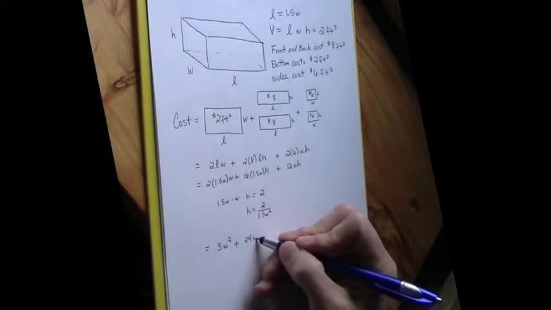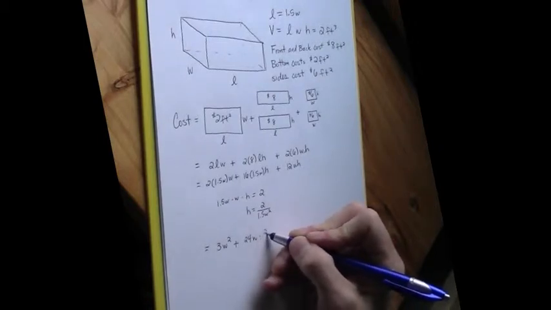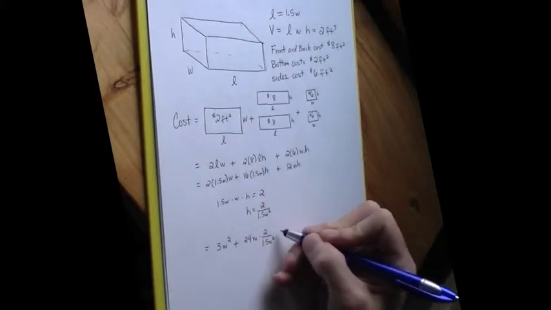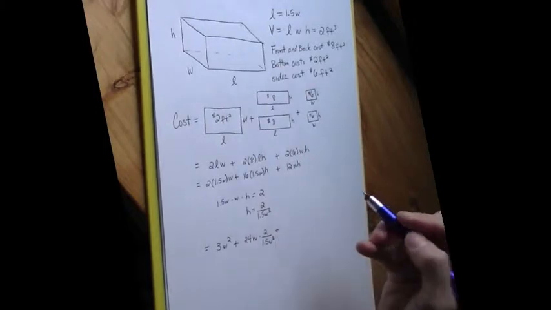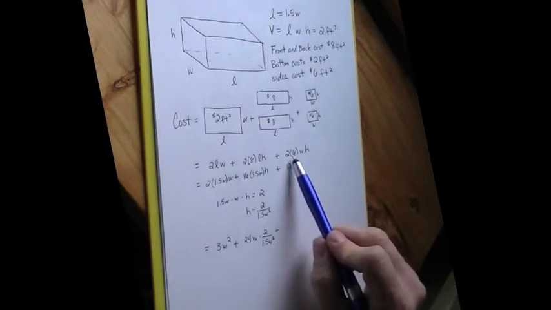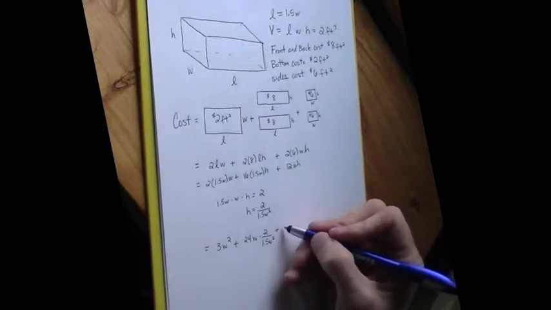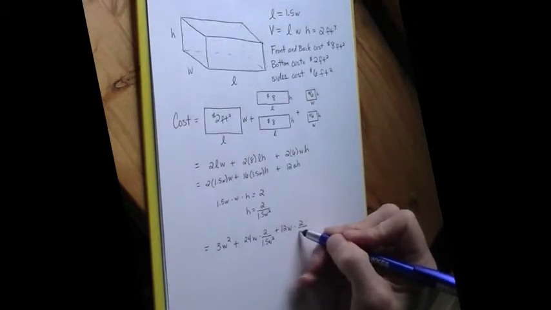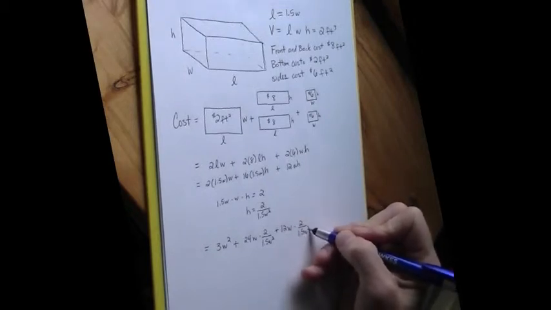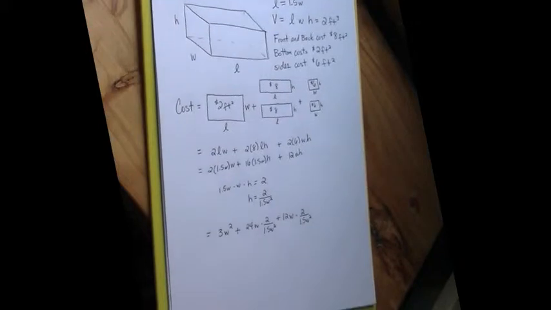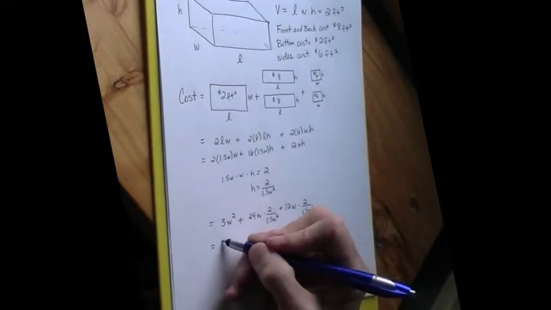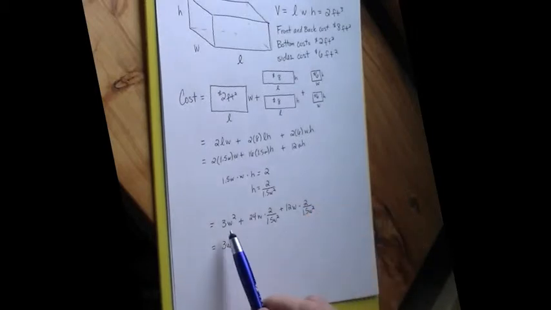And that'll be w, but h can get replaced with 2 divided by 1.5 w squared. And then 2 times 6 was 12, so 12 times w, but then h can get replaced with 2 over 1.5 w squared.